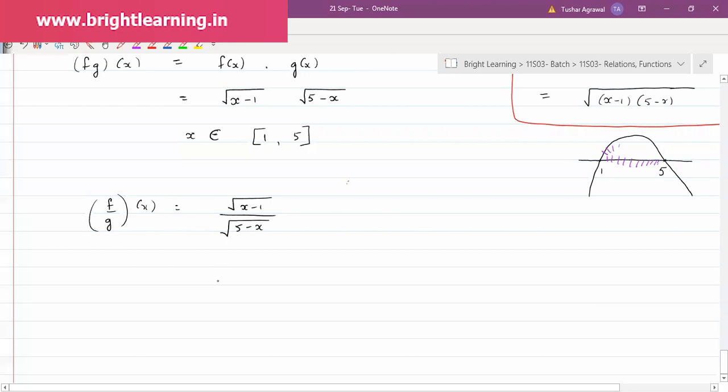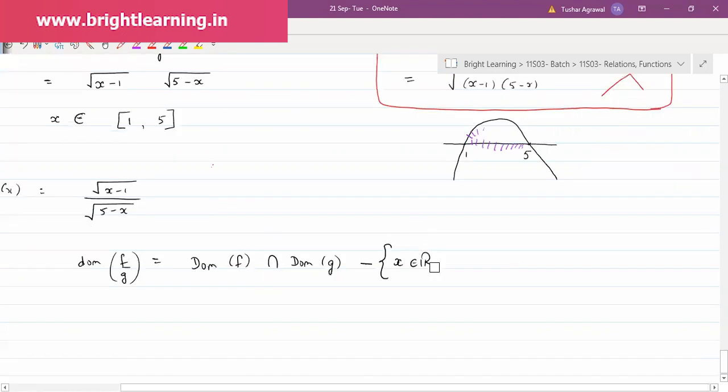The domain of f upon g will be equal to, write this thing, the domain of f intersection the domain of g, this we already know, minus the set of x belonging to the domain of g such that g of x is equal to 0.